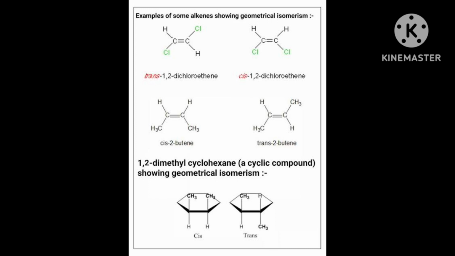In that situation, if the bond is broken, any one carbon may get the two shared electrons.